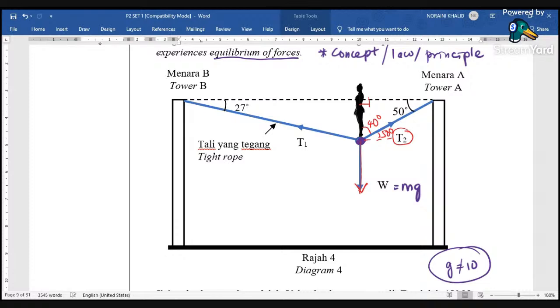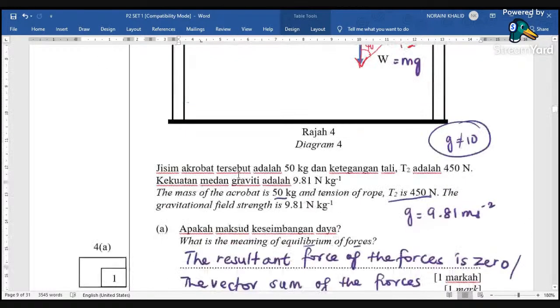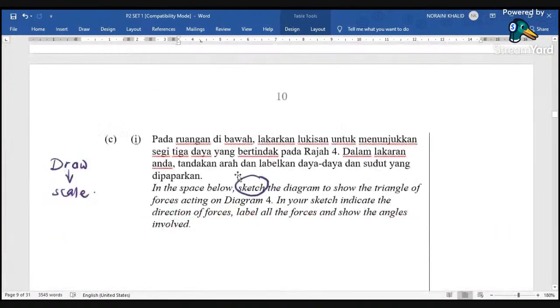So at an angle of 40 degrees from the vertical line, I draw the second force T2. And then at the end of the second force, I draw T1. So this is T1, and the angle here is 27. So I have this diagram, a rough sketch. Now I want to sketch it in the space given. I will draw it here.